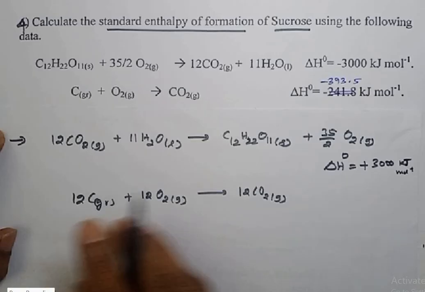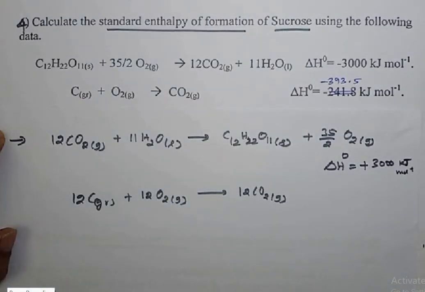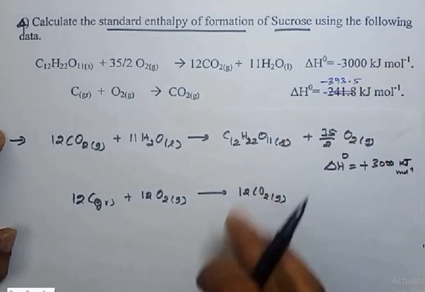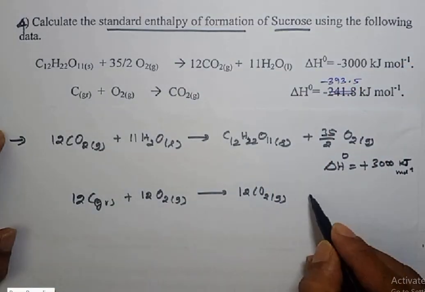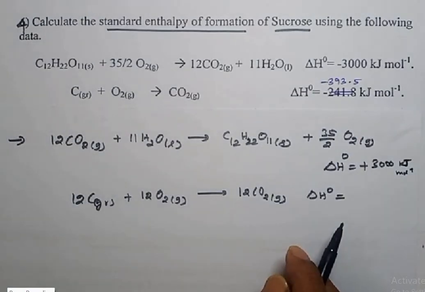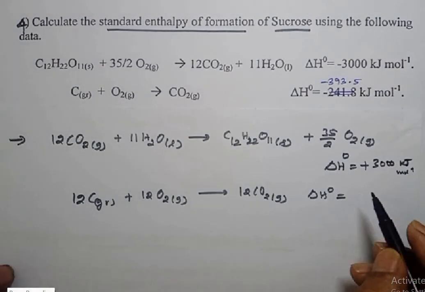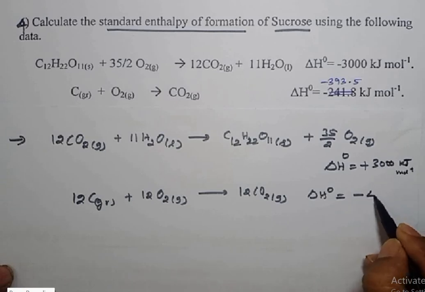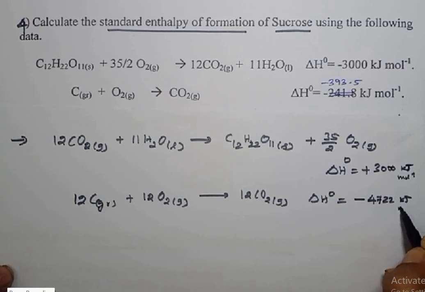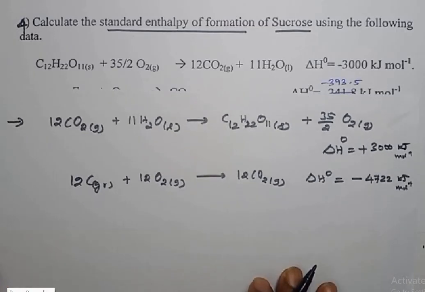If I multiply any reaction by a constant, then the enthalpy should also be multiplied by the same constant. So delta H naught, multiplied by 12, gives minus 4722 kilojoule per mole.